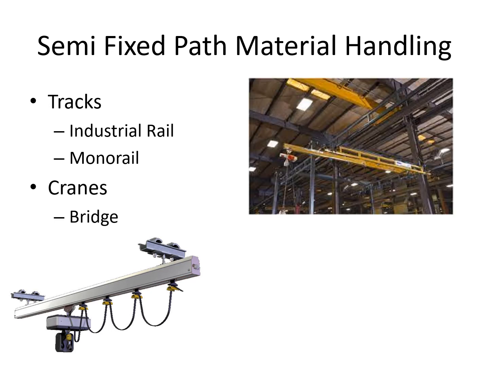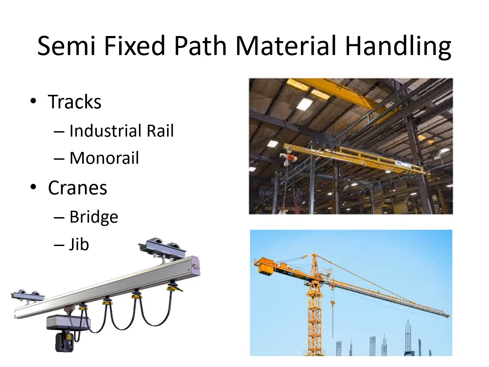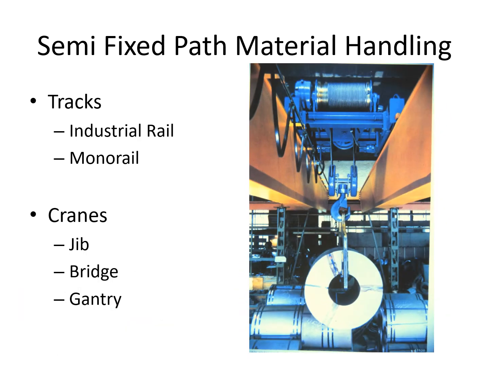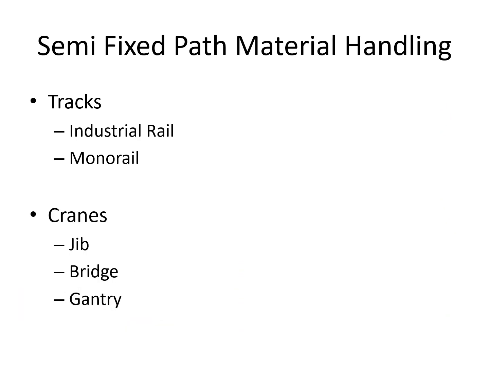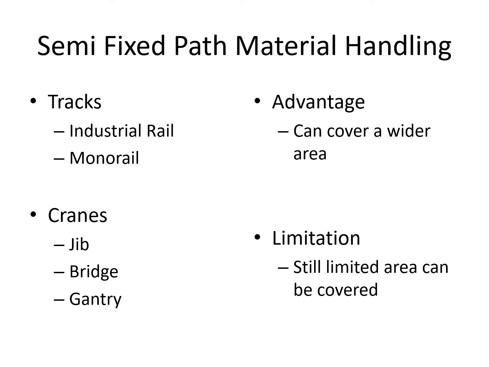We can have the cranes which could be bridge type, jib type or the gantry. The advantage of a semi-fixed path material handling equipment is that it can cover a wider area as compared to a fixed path material handling equipment. The limitation being that it still covers a limited area than what may be required.